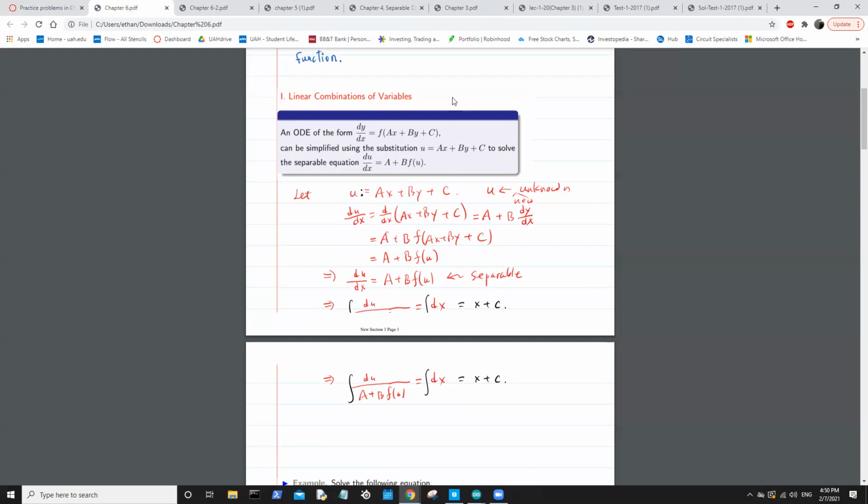So do you plug in the original for dy dx? Yeah, so here he starts with let u equal whatever. Actually, I did it exactly the same way he did it. So it ends up becoming the same thing.